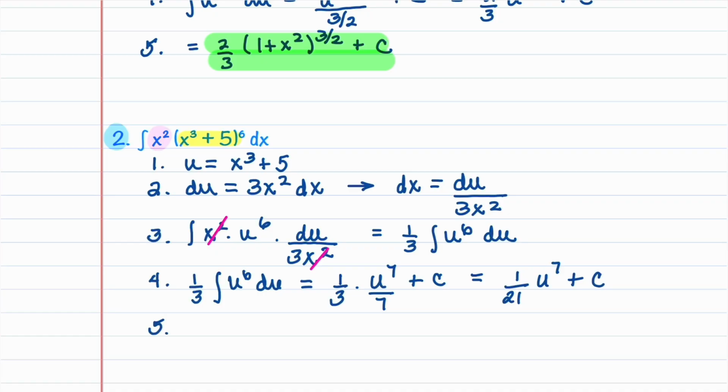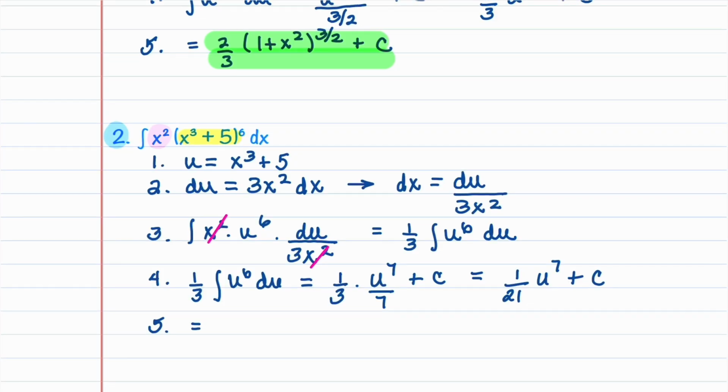Our last step now is to rewrite this in terms of x, and our answer is 1 over 21. For u, we substitute back in x cubed plus 5, raise it to the 7th power, and then add c. And there's our answer.